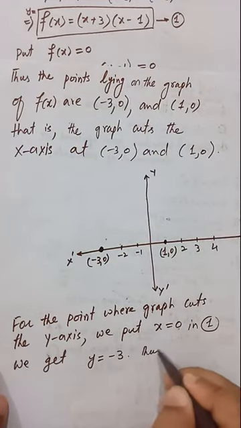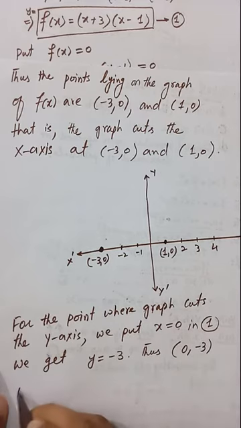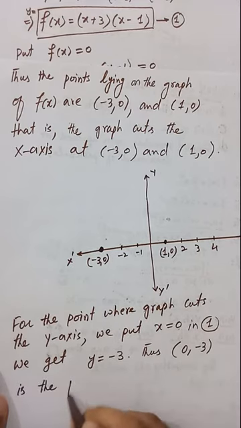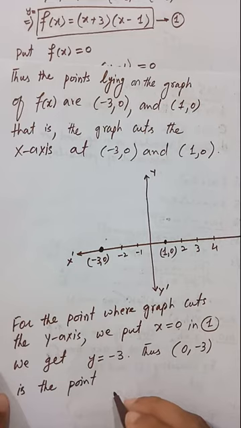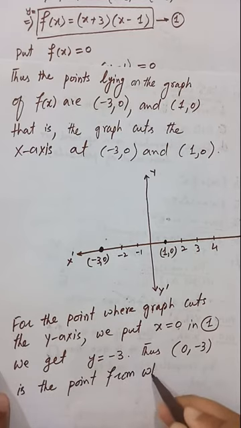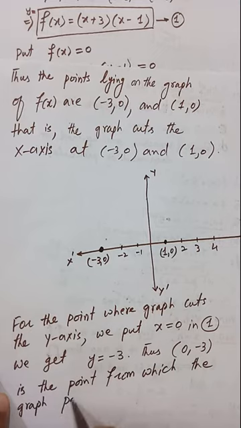So thus 0, -3 is the point from which the graph passes through the y-axis.